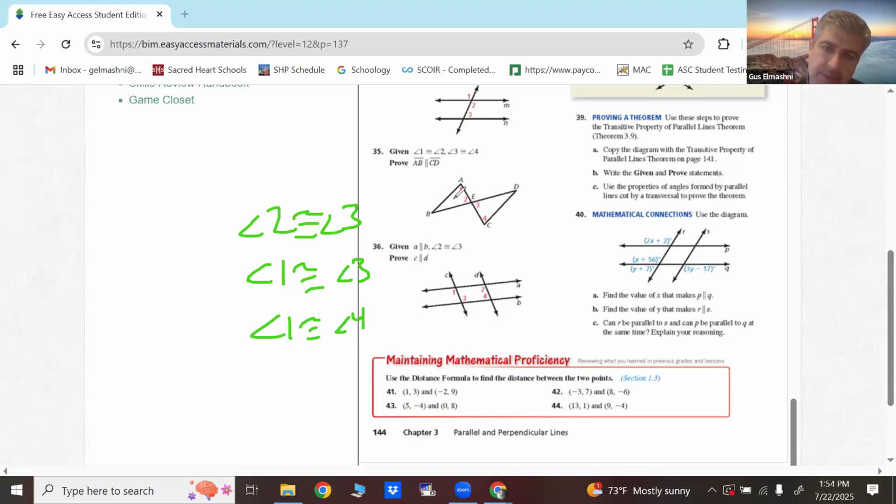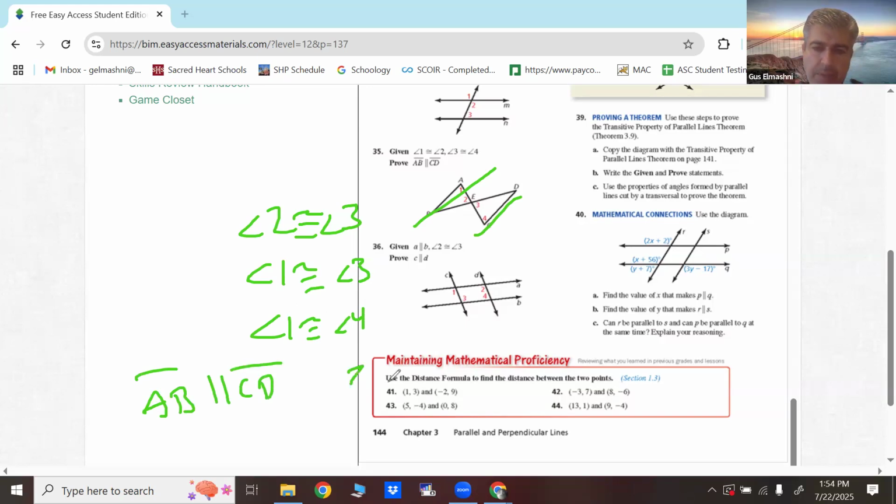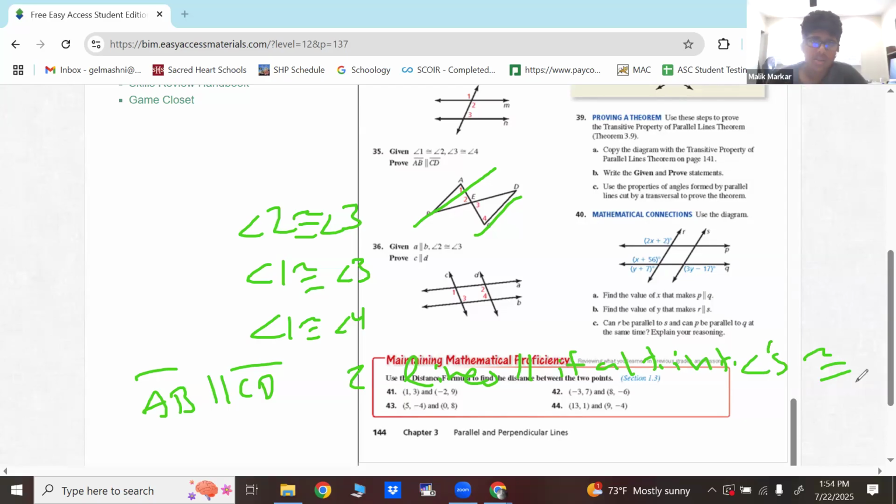And when that happens, those are alternate interior angles. Then I can say AB is parallel to CD, and that's because two lines are parallel if alternate interior angles are congruent.